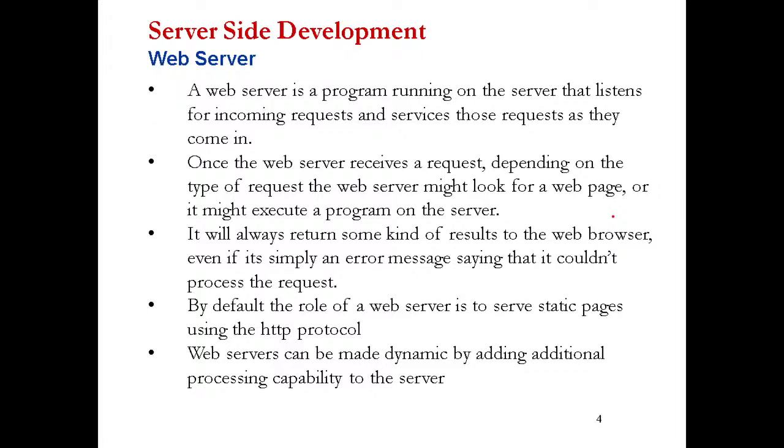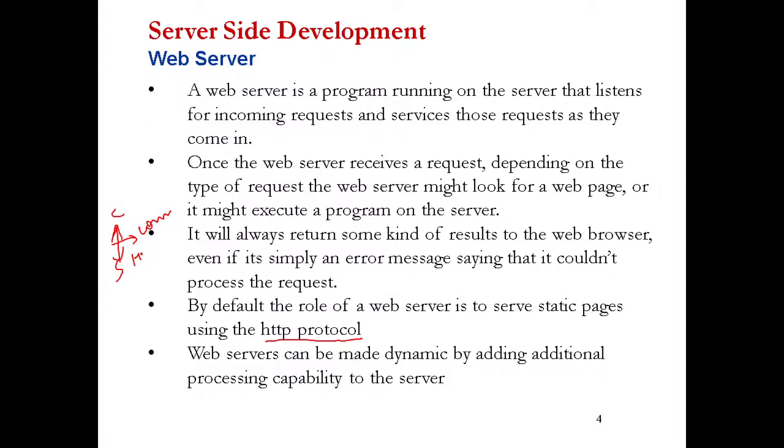So a web server, although it is a server and can do processing, is basically for serving only static pages, and it uses the HTTP protocol. Everybody should be comfortable with this protocol, because if you do networking or client-server architecture, there are always some protocols in between the communication.